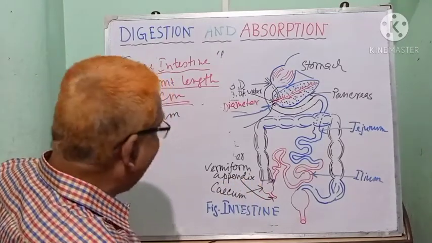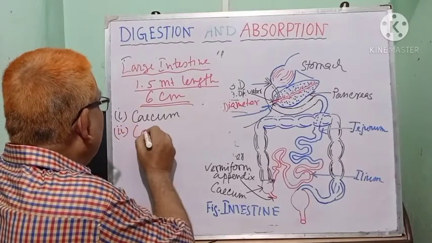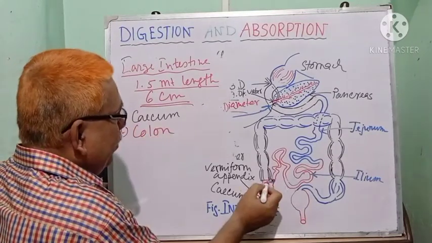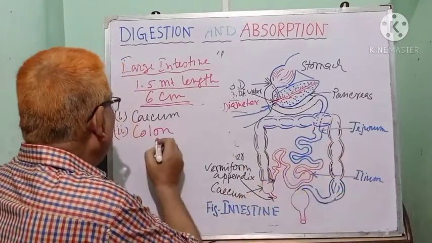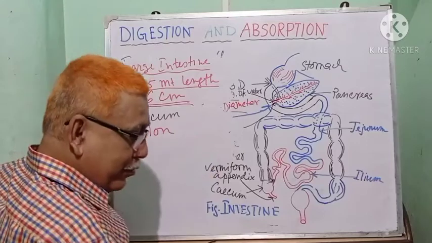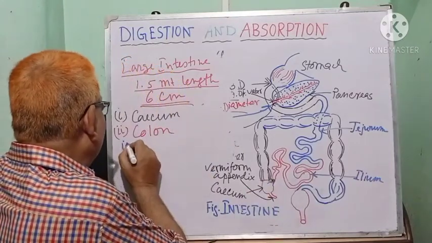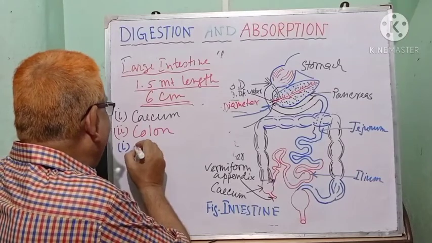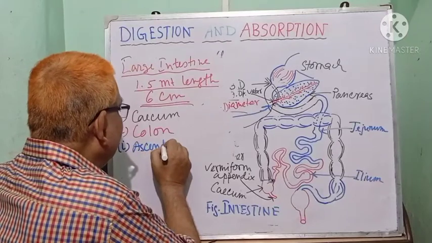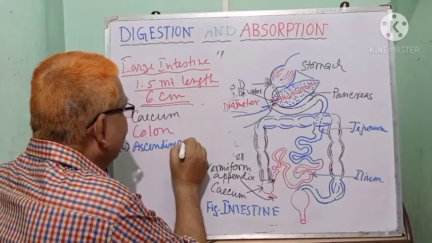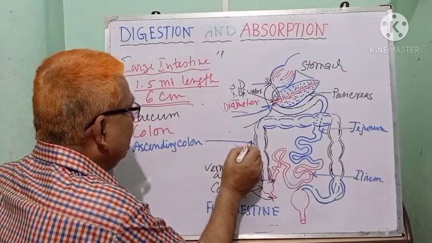Next to the cecum, then colon. This is the colon. And this colon is again subdivided into, 1, ascending colon. This is ascending colon.